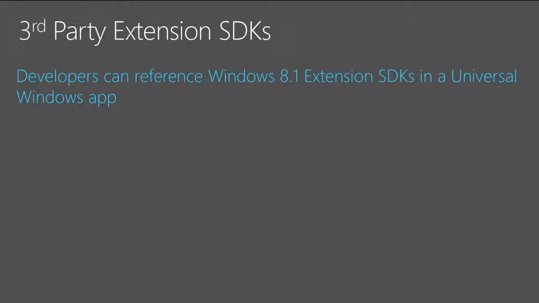But you cannot reference Windows Phone 8.1 extension SDKs. The reason is we did some analysis between both the Windows 8.1 version and the Windows Phone 8.1 version of most popular SDKs, and what we found out is that they're pretty much similar, so there's no sense in supporting both. So we only support Windows 8.1 SDKs in Universal projects.